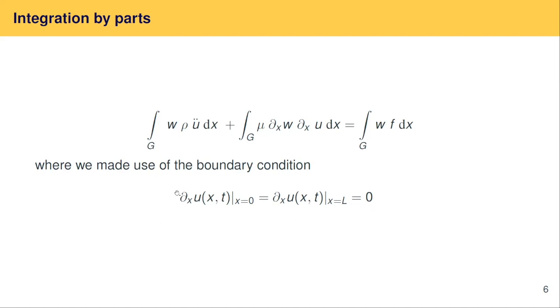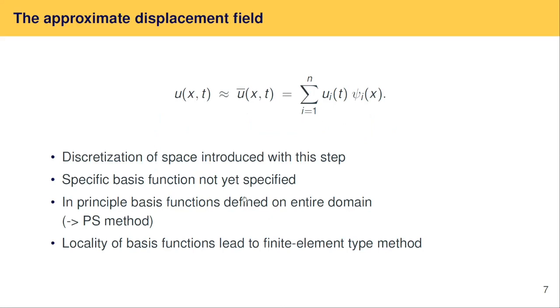Actually, one should add the mu here to be consistent, and then we replace our continuous u by an approximation, u bar, a sum over some basis functions.